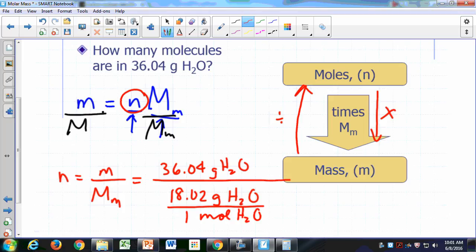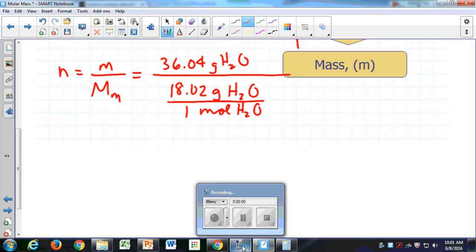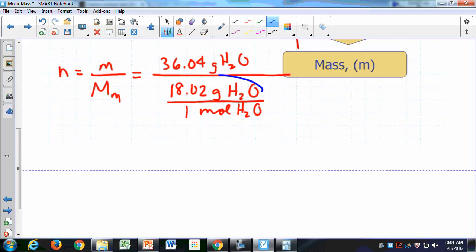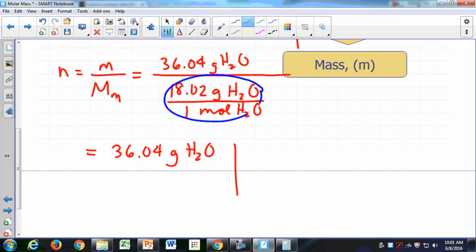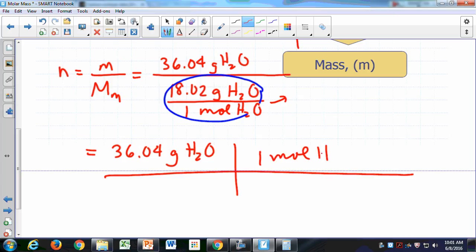Or if you prefer to use dimensional analysis, what you can do is imagine you're flipping this thing. You have a fraction in the denominator, so you bring it up to the numerator, you flip it, right? So you say that's 36.04 grams H2O times, so you flip the numerator and denominator here, so you have 1 mole H2O up here, 18.02 grams water down here.